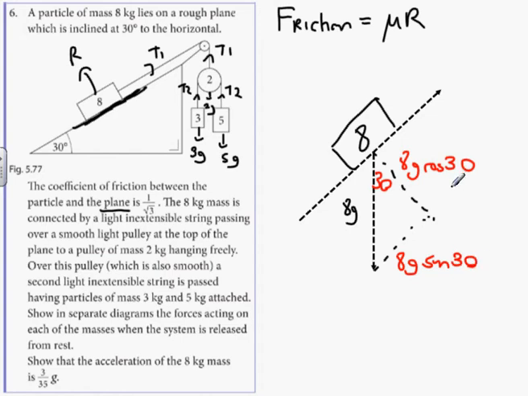I'm pretty sure 8 cos 30 is 4 root 3, is that right? Root 3 over 2, so 4 root 3G. And the other one is 4G, because sine 30 is a half, so just half of 8G, and you get 4G.